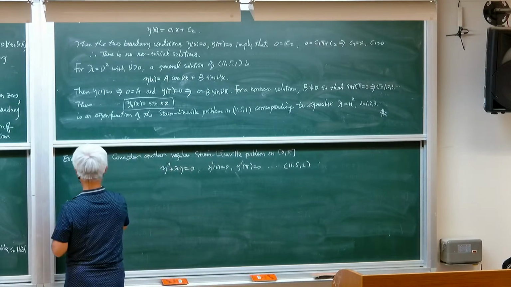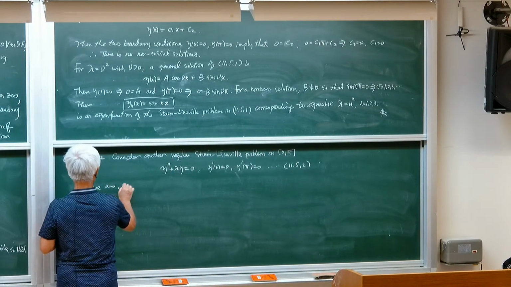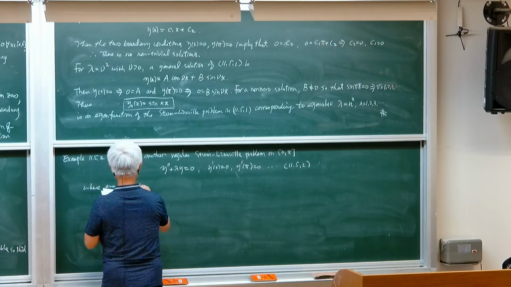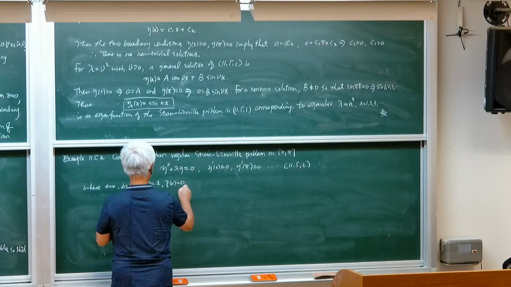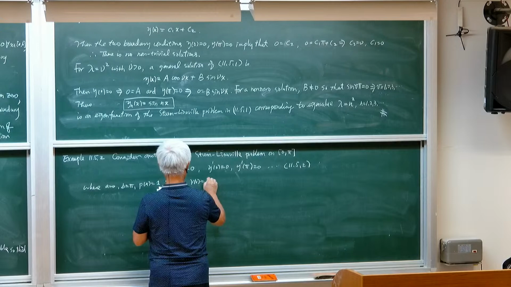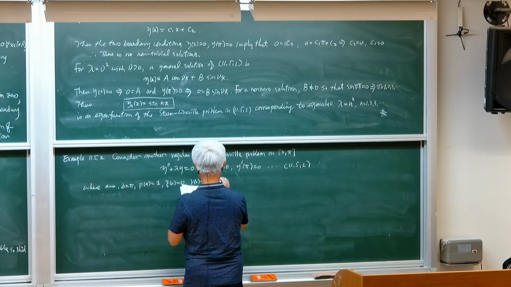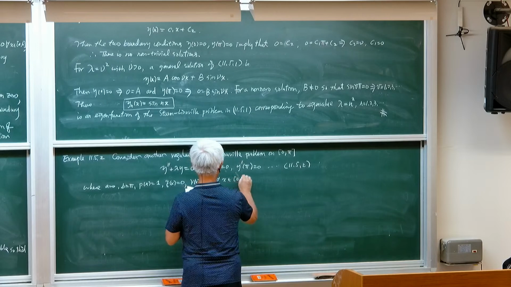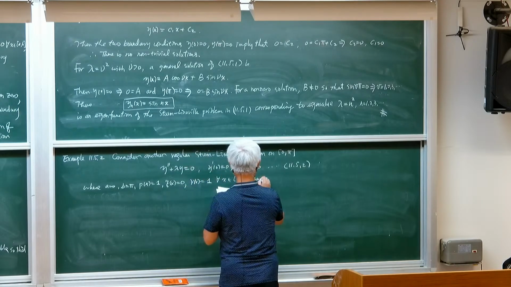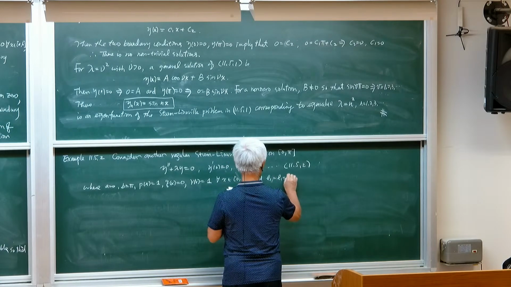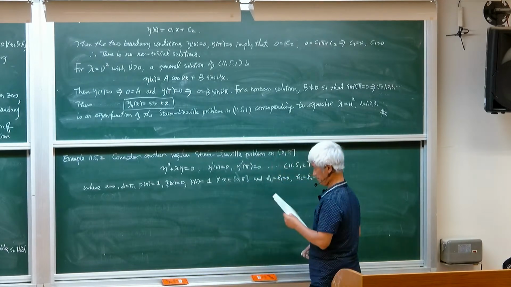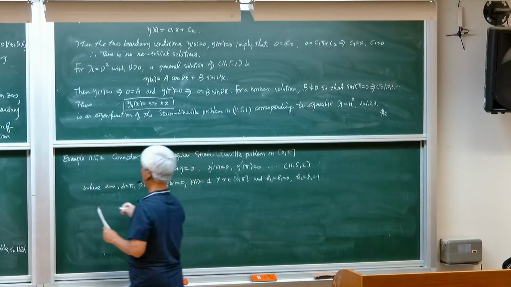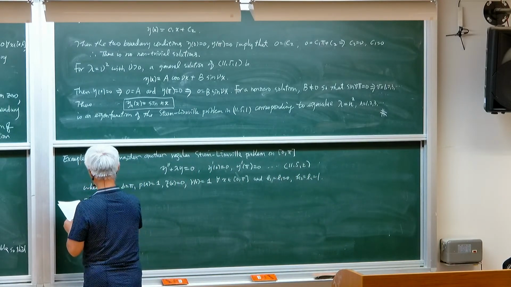Here we can see A is 0, B is pi, P of x is 1, Q of x is 0, R of x is 1 for all x in 0 to pi, and K1 equal to L1 is 0, but K2 equal to L2 equal to 1. Now there are three cases to consider.